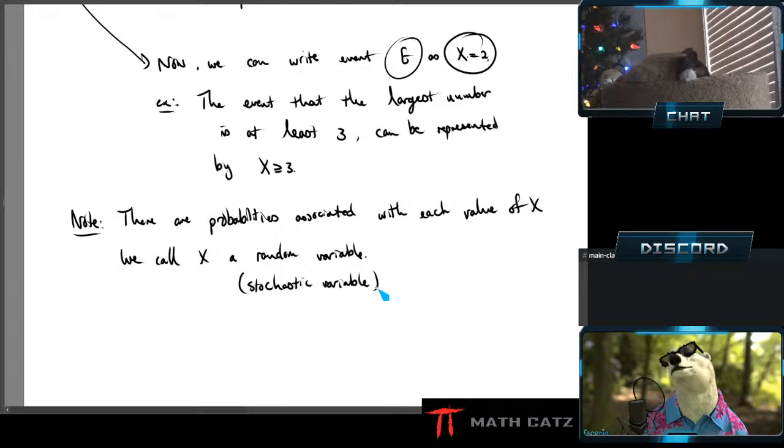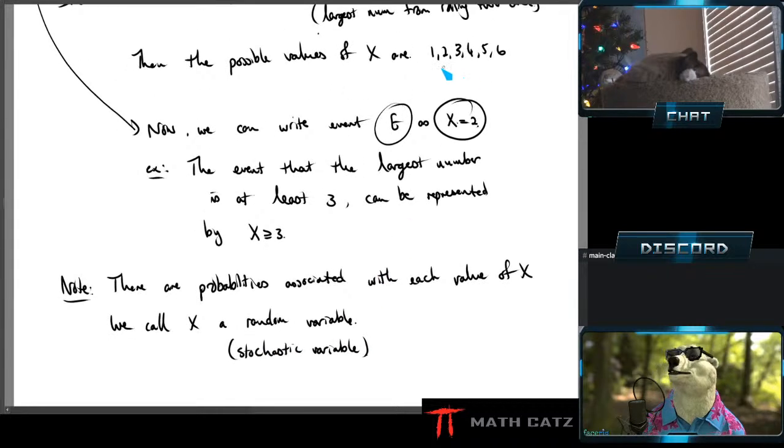It could be one of a few, and there are probabilities associated with what could happen. Random gives it a bad image. Random feels like, oh, anything can happen. It's random. No, it's not random, actually. Only the numbers 1 to 6 can happen, and with specific likelihoods as well. It's not really random.